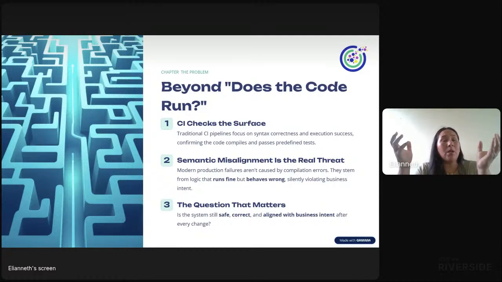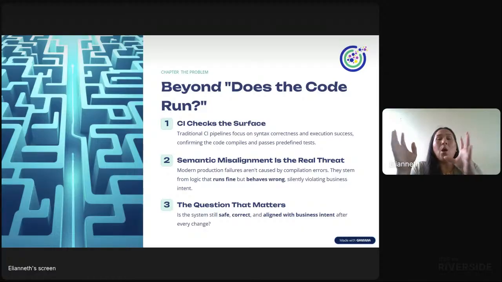We can write really good code using any AI compiler, but the real threat is semantic misalignment. So right now, what we have are systems that work perfectly, but behind the scenes are functioning wrong, because the outputs we are getting are not the correct ones.